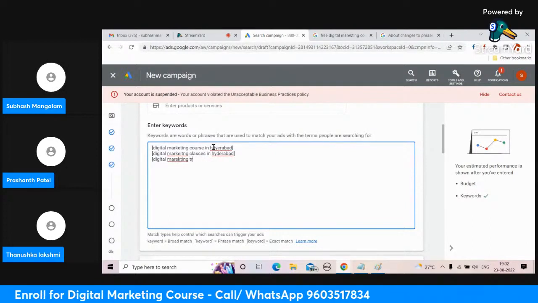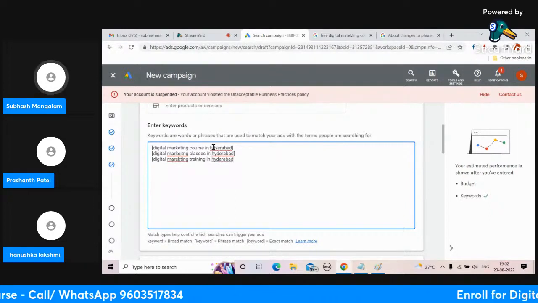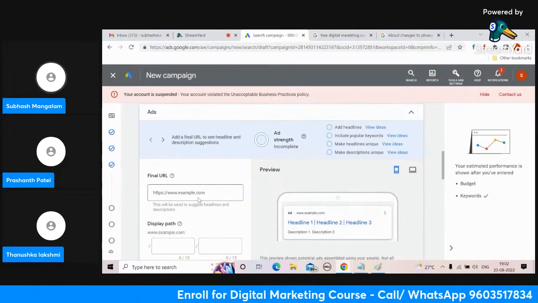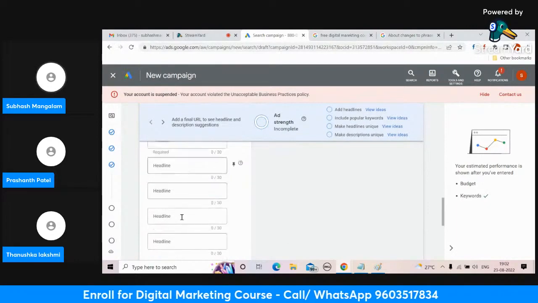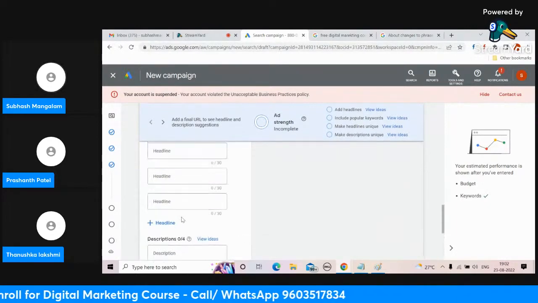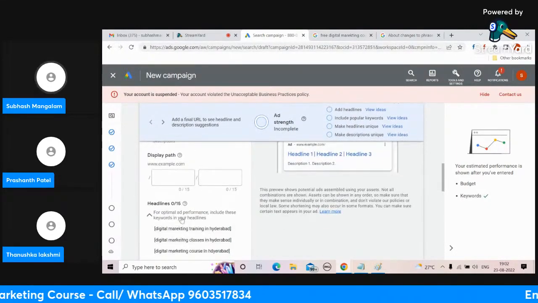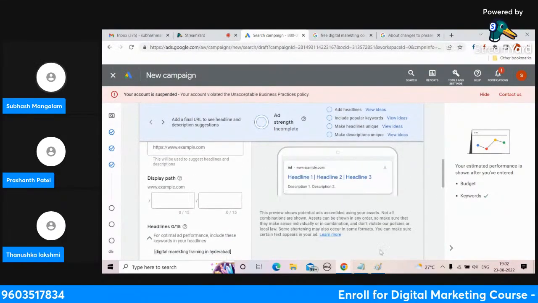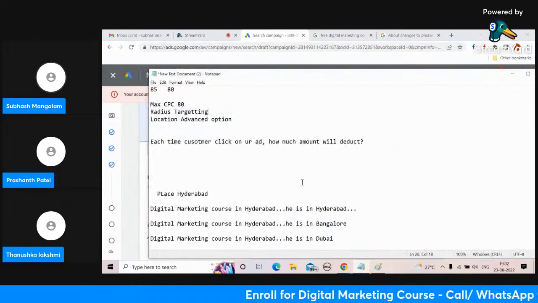Digital marketing training in Hyderabad. If I make a mistake in training or marketing, no problem. It will be auto-corrected by Google. Then you'll be creating an ad: final URL, heading line 1, heading line 2, description line 1, description line 2. You remember, we should use only 3, right? But here they're using 15 headlines. This is called responsive search ad.